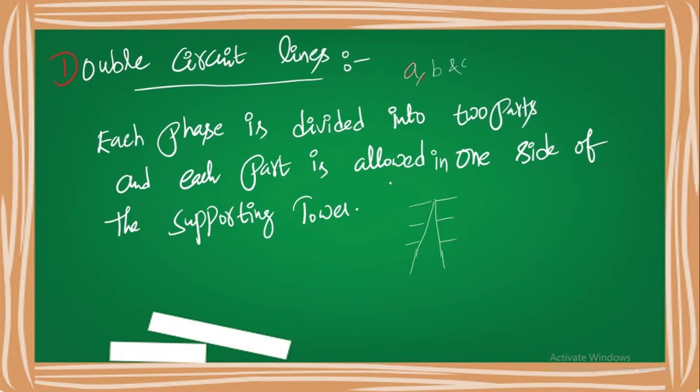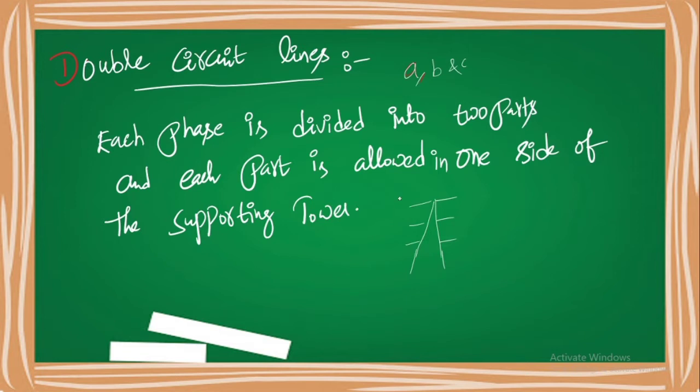So in order to increase the distance, or the size of the conductor, we divide the phase into two parts and maintain a larger distance between the two parts, so that the effect of corona will be reduced in case of extra high voltage lines. So we prefer the double circuit connection of transmission lines only for high voltage or extra high voltage transmission lines.